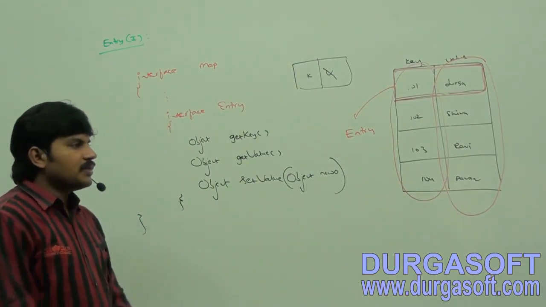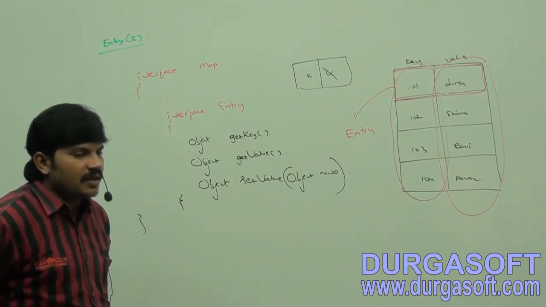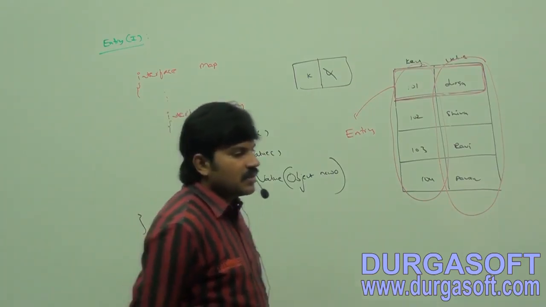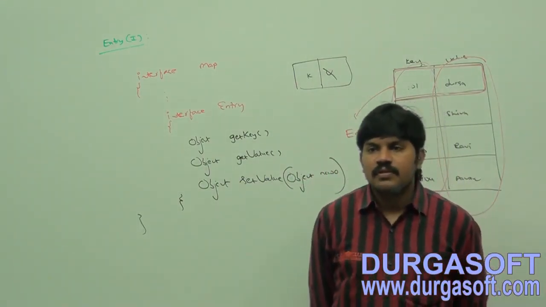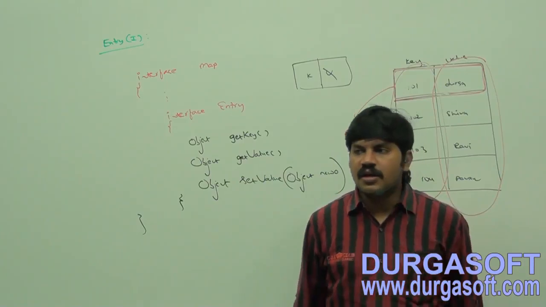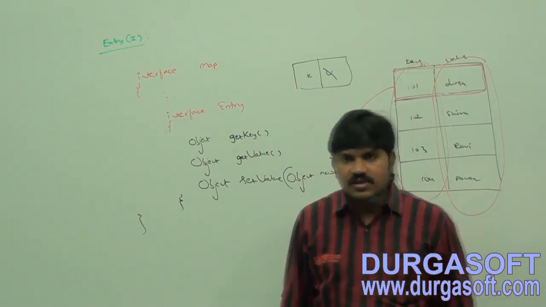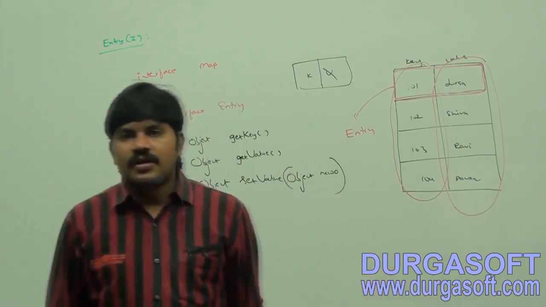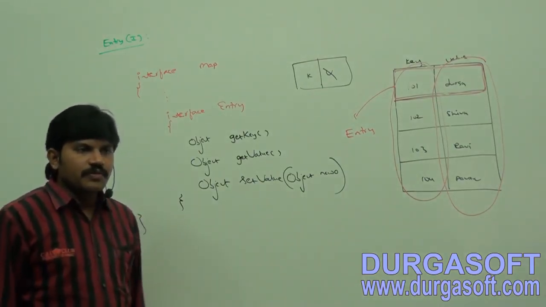Hence a map is considered as a collection of entry objects.